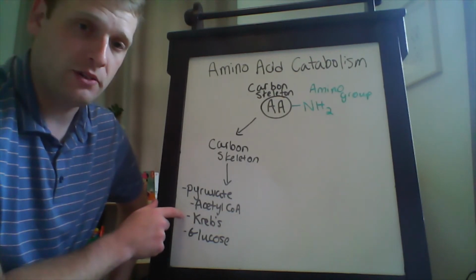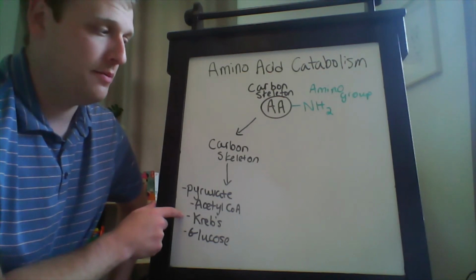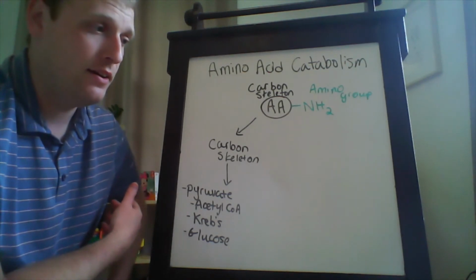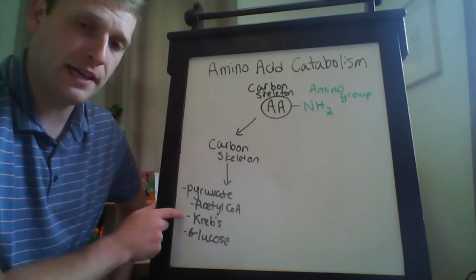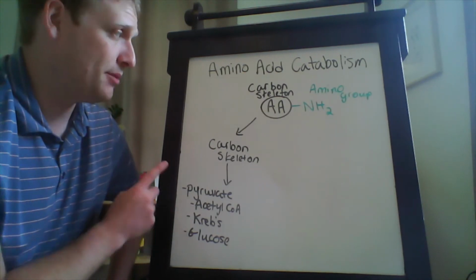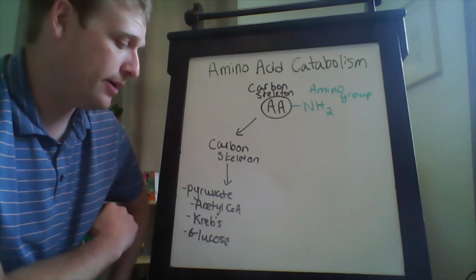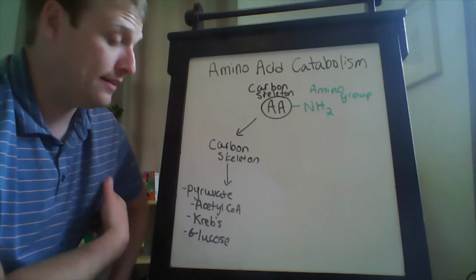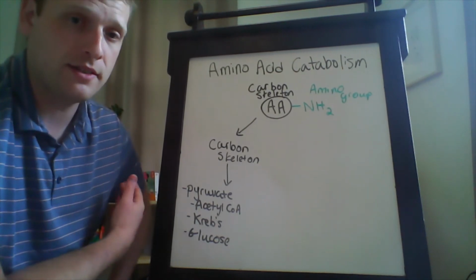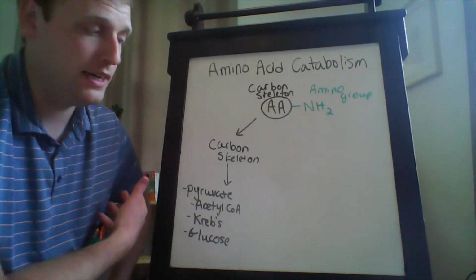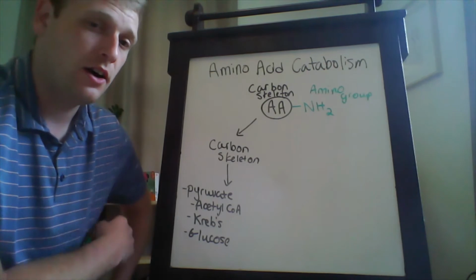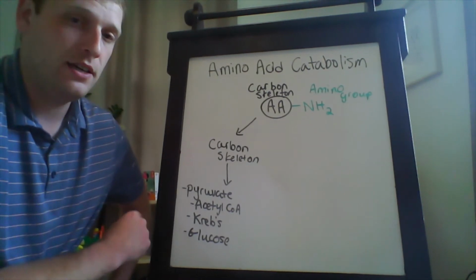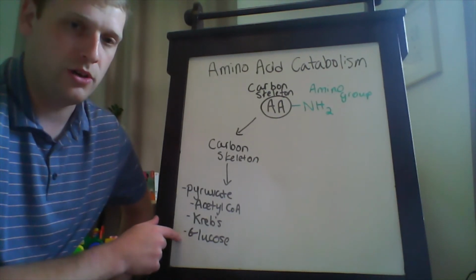Other Krebs cycle intermediates that we just mentioned can be made from glucose. You can make Krebs cycle intermediates also from the carbon skeletons of amino acids. And again, the Krebs cycle is going to produce lots of NADH and FADH2. And then finally, some amino acids are able to be converted directly into new glucose.